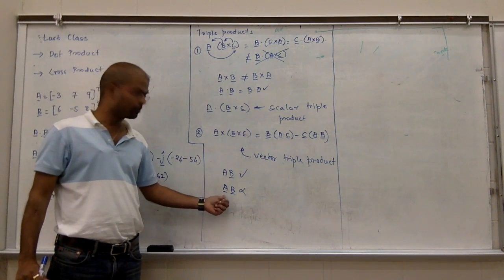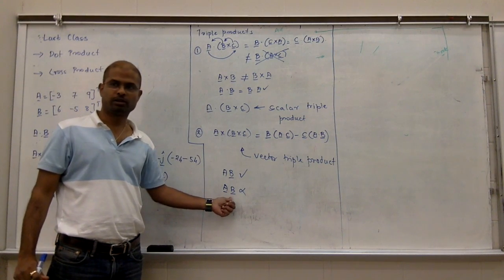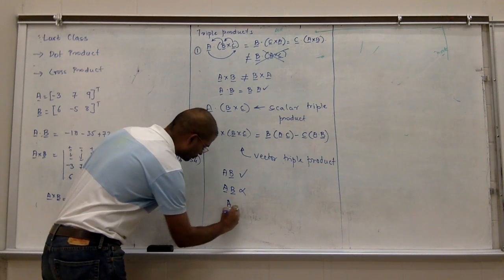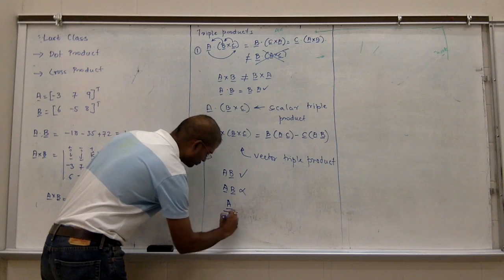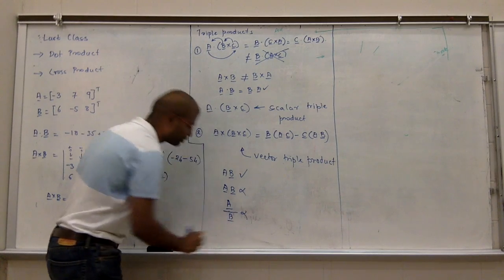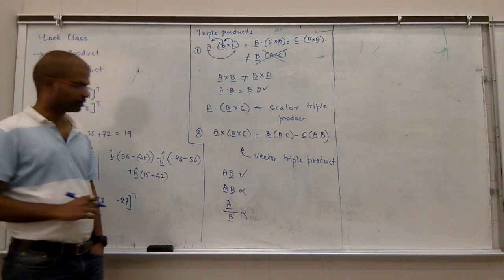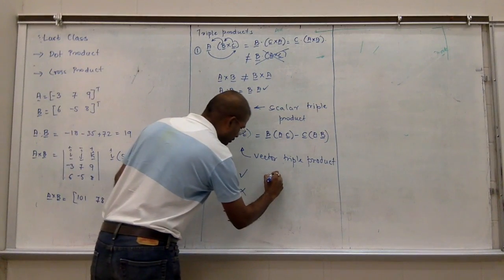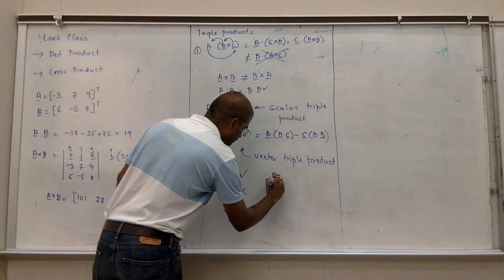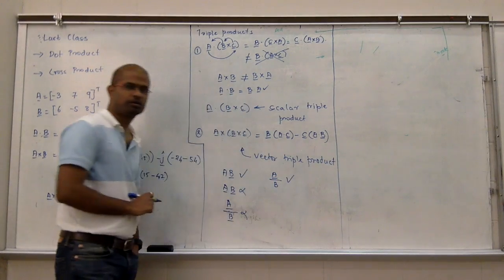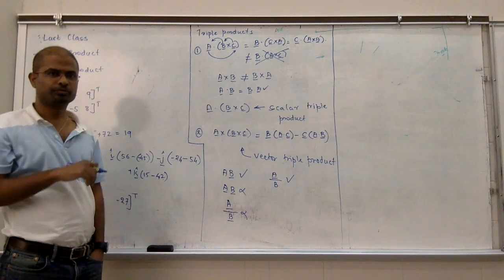You cannot multiply vector A with vector B. This operation is not defined. This operation is also not defined. You cannot divide a vector by another vector. This is okay. You can divide this.